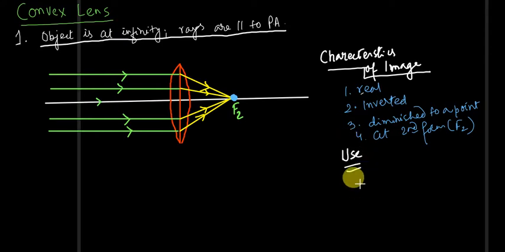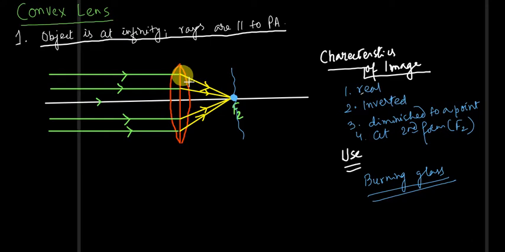Where is this case used? It is basically used in the case of burning glass. Burning glass means you keep a lens over here. If you keep a piece of paper over here, then this paper will get burnt, because all the sun rays coming from almost an infinite distance are going to be concentrated.